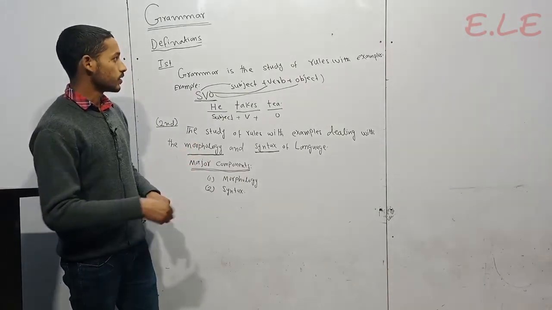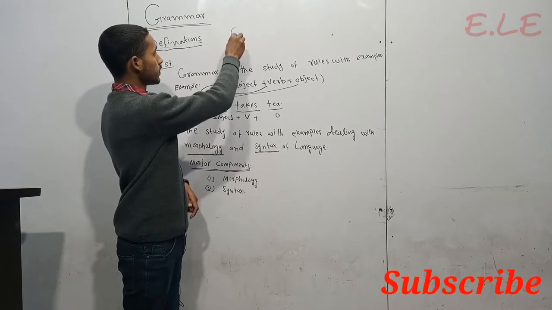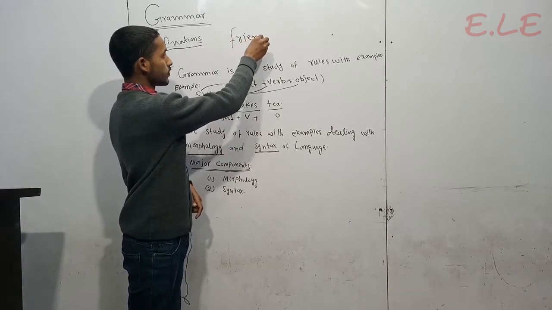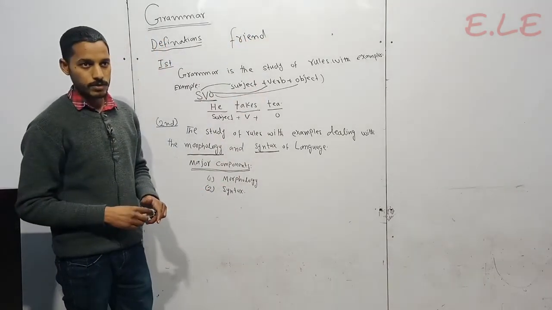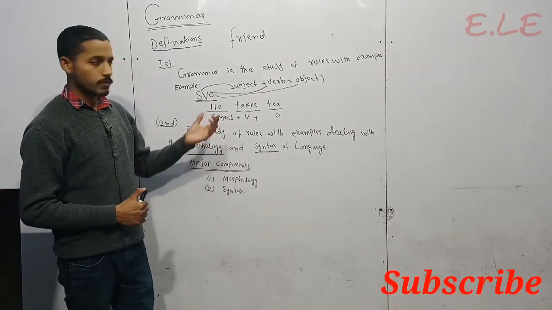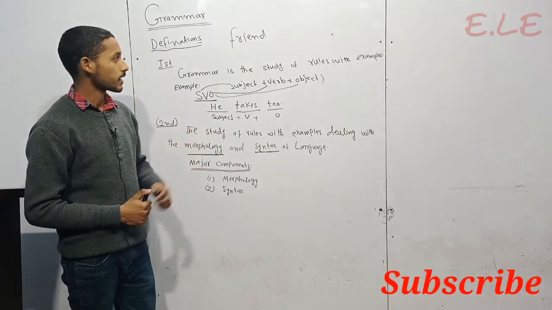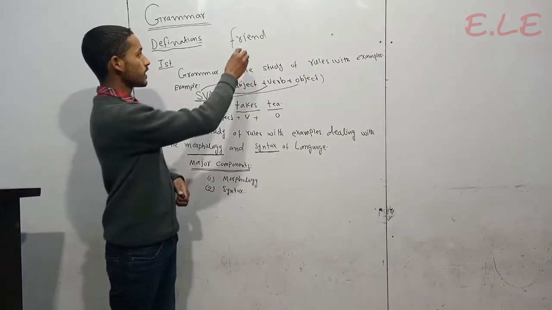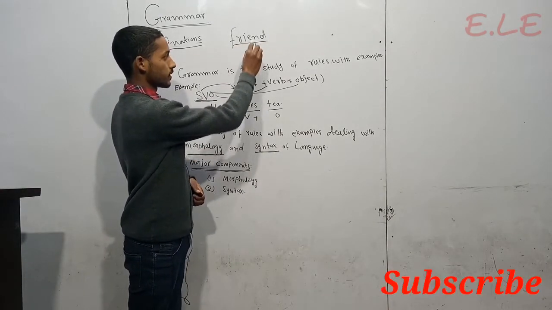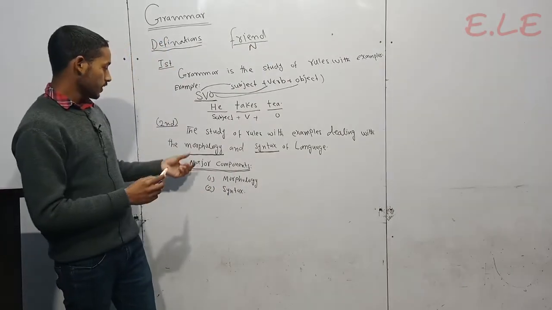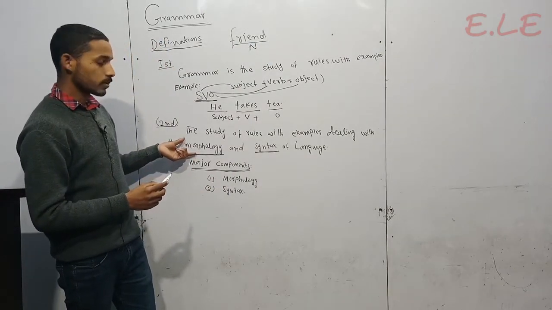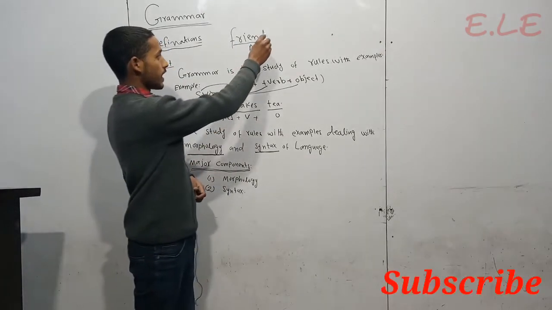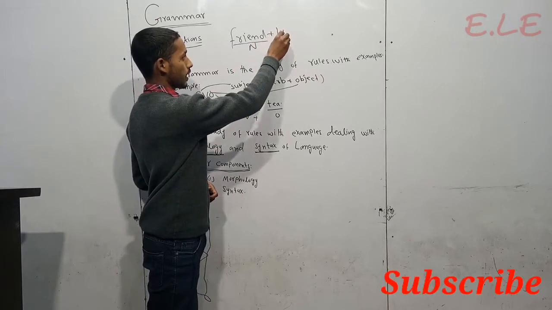If I write the word pen, this is one word and it is also one morpheme. And in the next lecture I will describe the morpheme and types of morphemes. This is one word and it is a noun. Okay, if we take a morphology point of view, we add y.